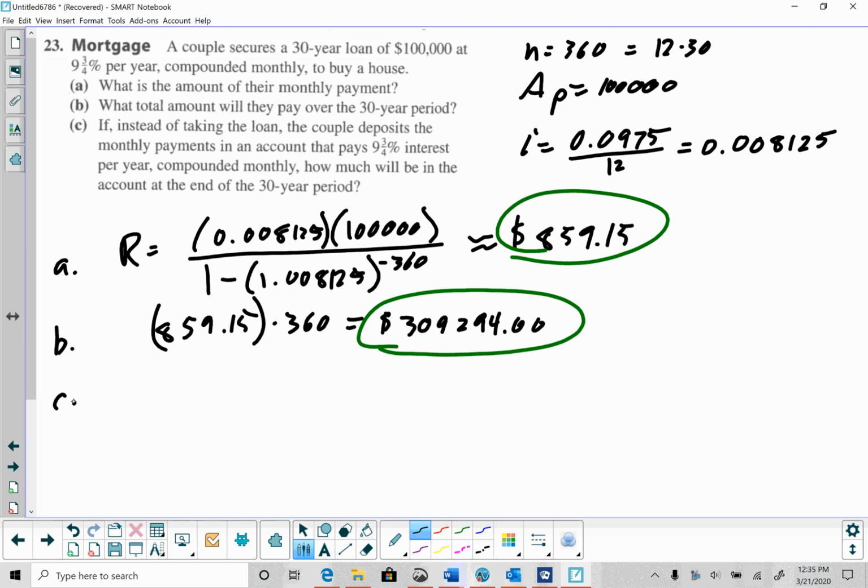All right, then for part C, instead of taking the loan, they deposit those monthly payments, okay, the ones that we just found here in part A. We're taking that money and we're putting it into an account that pays that exact amount of interest, same term monthly, same 30-year period.